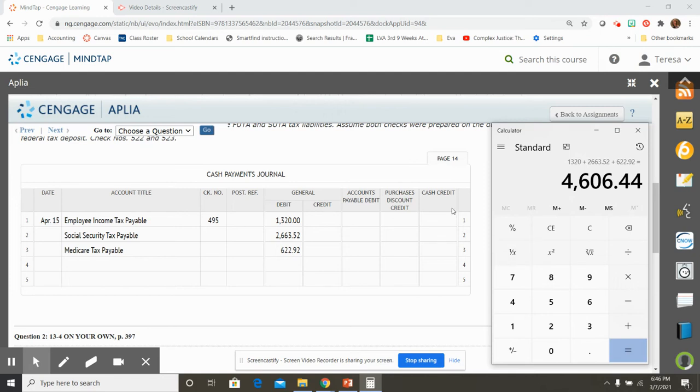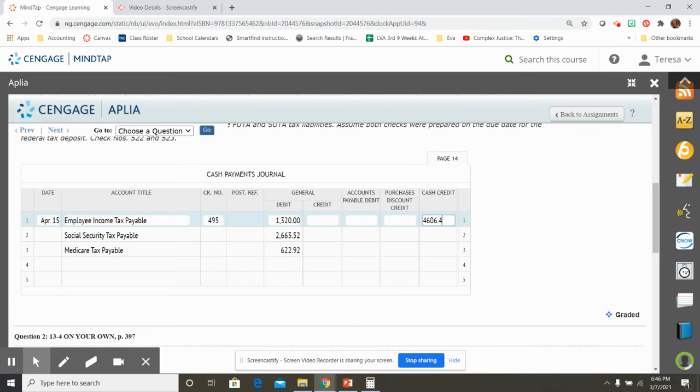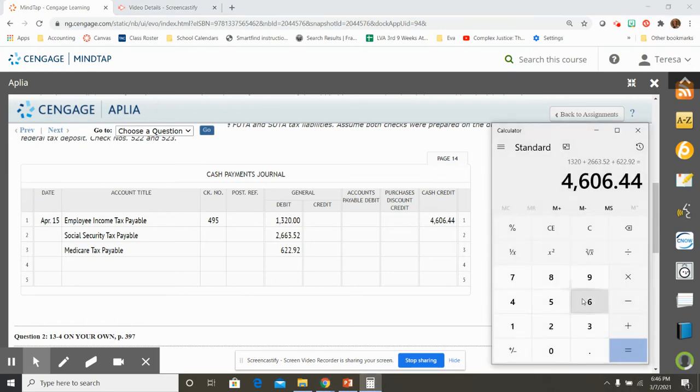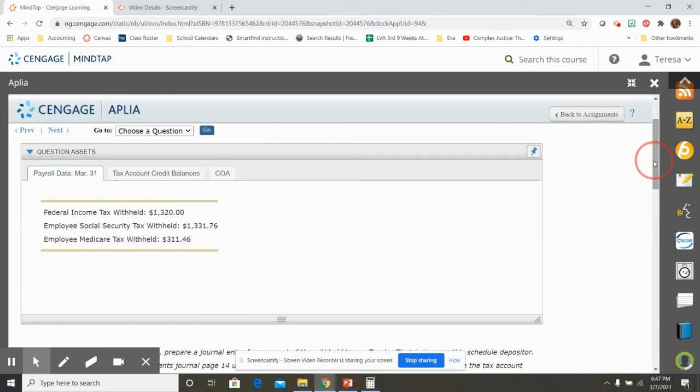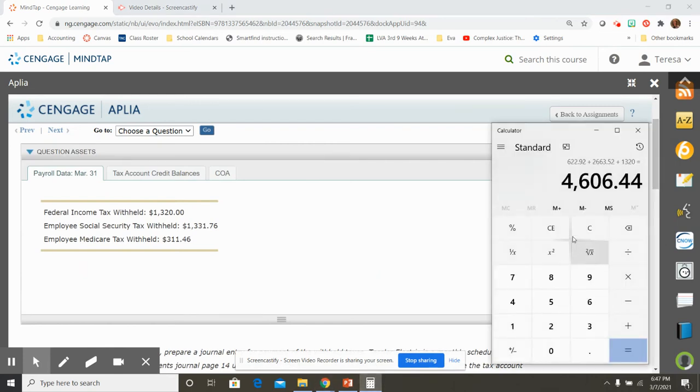So $4,606.44. Okay, now I want to go through and just verify that my debits equal my credits. You could go back up here and add that information up. Just make sure that your doubling calculations were correct.